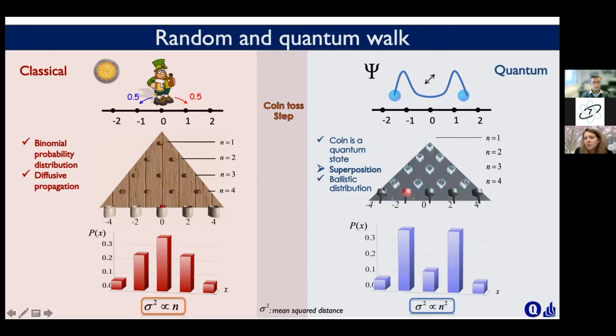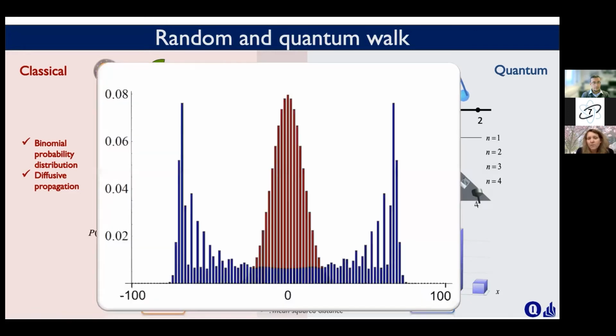We are producing superpositions, and these superpositions cause interferences. If we now look at the output distribution, we get a completely different distribution. It's related to ballistic propagation, and the variance scales with the number of steps squared. And this is one definition of how we can distinguish between random and quantum walks in this scenario.